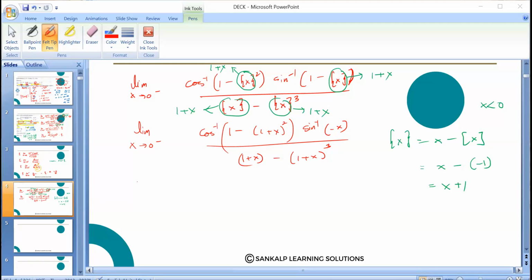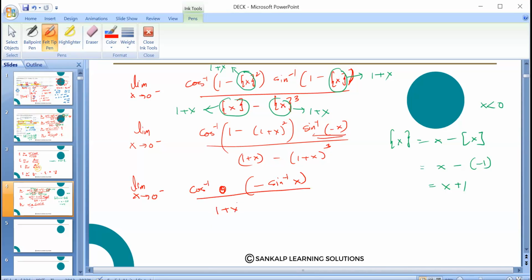Next step, I can write limit x approaches 0 minus cos inverse of 1 and minus 1 will have. X you can put as 0. So cos inverse. But sine inverse minus x I will write minus sine inverse x.